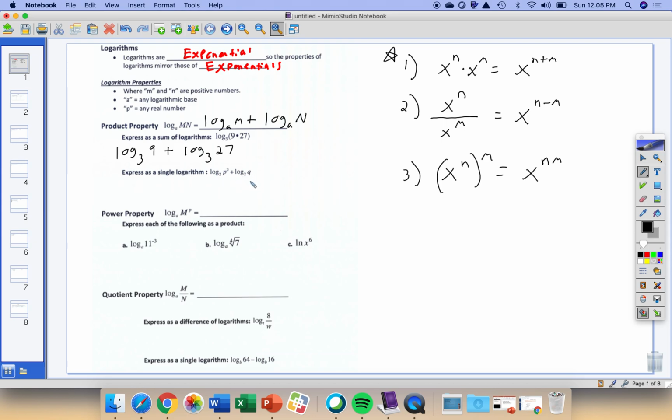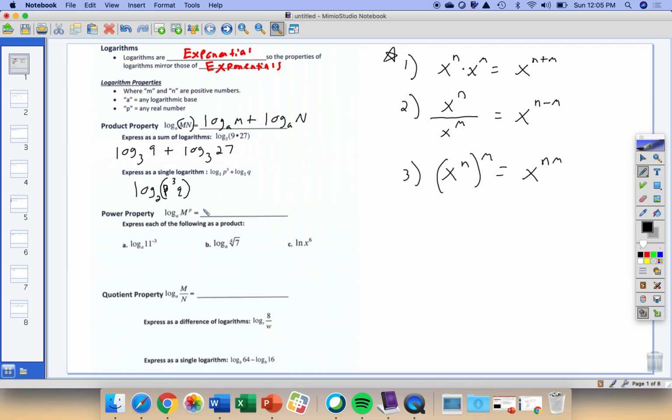As long as the bases are the same, I can condense them into one log to make it log base 2 of p cubed times q, and that's all inside of my log. I like to use parentheses when I'm talking about inside of the log just because some students get confused with what's inside and what's not. So I like to use parentheses.